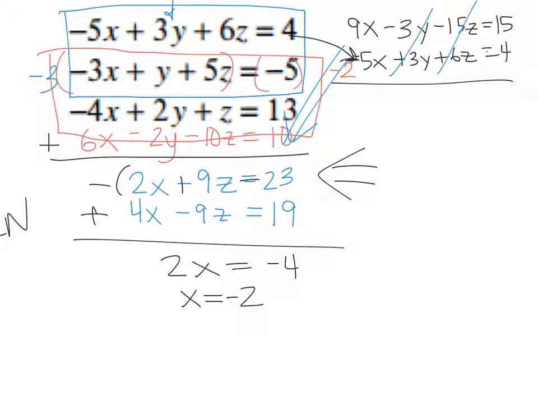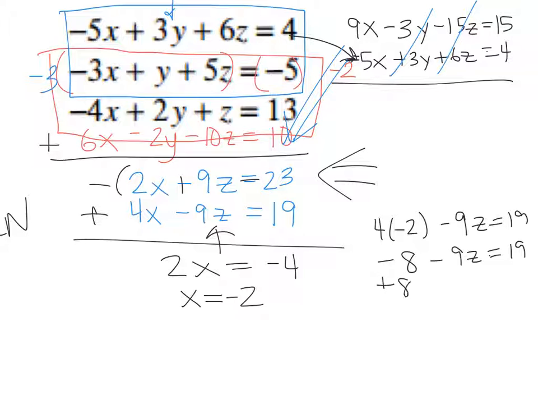So I'm going to use this one. So it's going to be 4 times -2 minus 9z equals 19. So -8 minus 9z equals 19. Add 8, -9z equals 27, z equals -3.